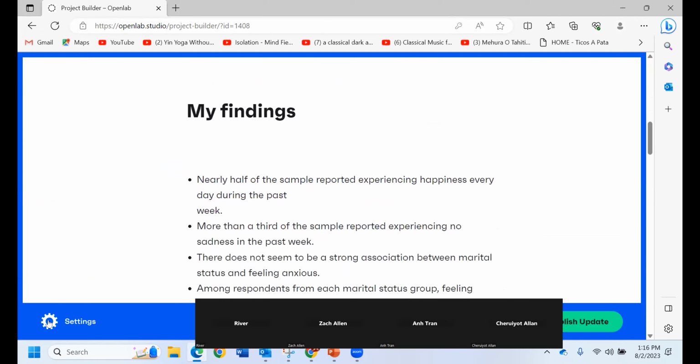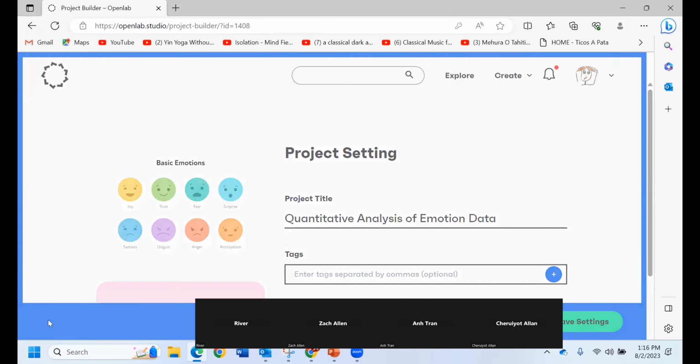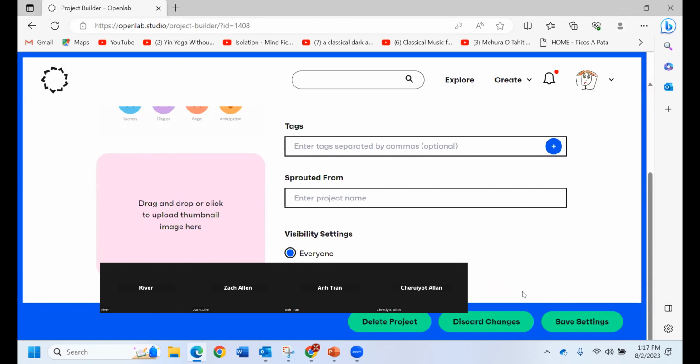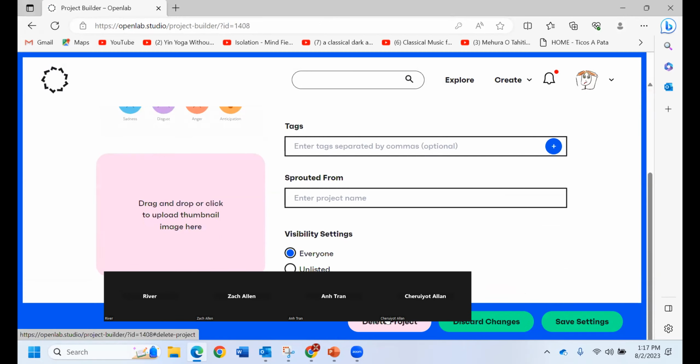You see the settings right here down at the bottom in the blue, all the way to the left lower corner. I'm going to click settings. When you come here, you can change these settings, but there's also something that comes up that lets you delete the project at the bottom. You can see here where my arrow is. So that's how you delete things. So the things you're testing and so forth, if you just go to edit, go down to the settings button, you're going to get this screen and you can delete the project, okay?